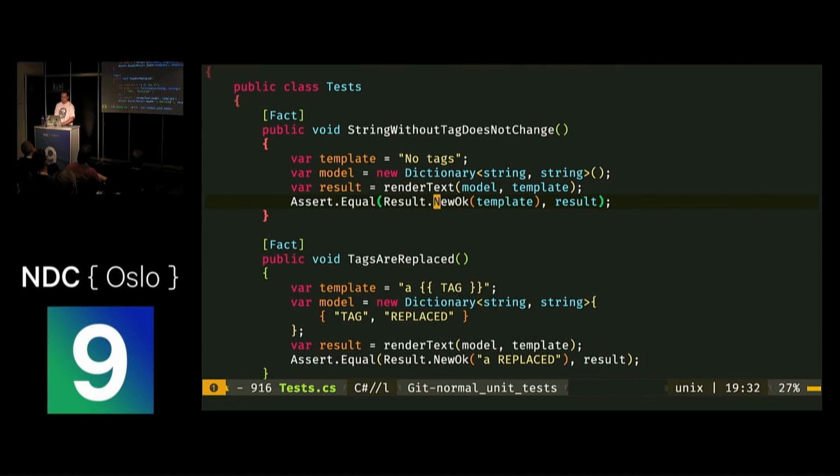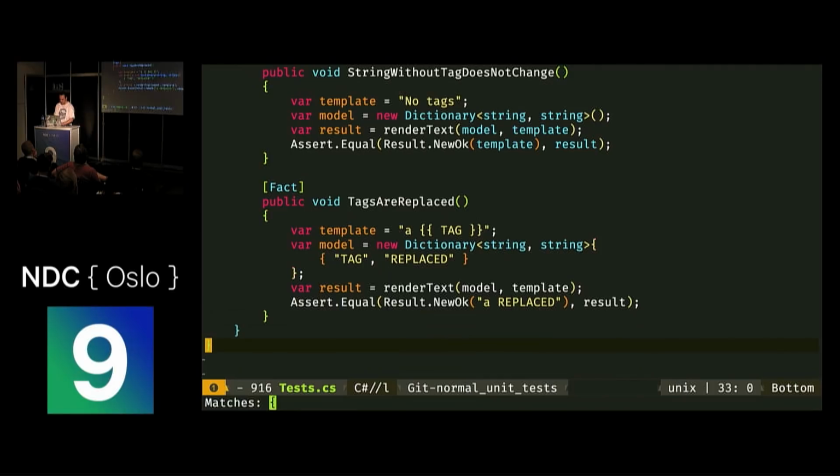And the result type has value equality, so this equality will only be true if the string inside the OK type is the same in both cases, because the return type here is now of result. And again, our replaced text would be a result of OK as well. So again, hopefully this is all still fairly familiar territory.